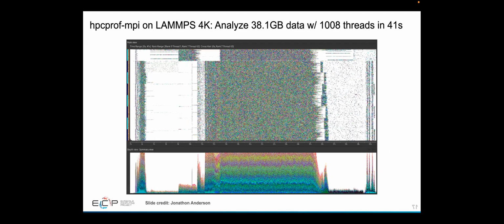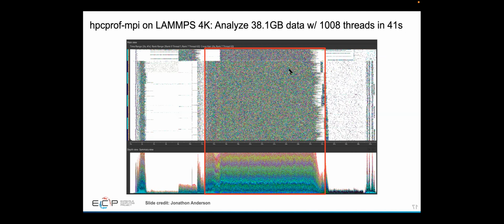And so what this is showing is using HPCViewer to show the parallel profile of analyzing the data for this experiment with 2,000 MPI ranks and 2,000 GPUs. We are analyzing 38 gigabytes of data with 1,008 threads in 41 seconds.